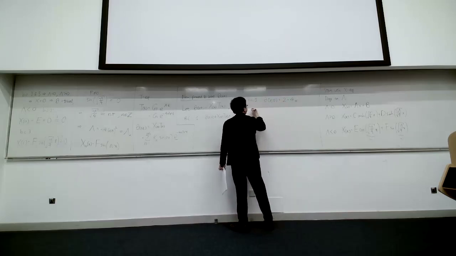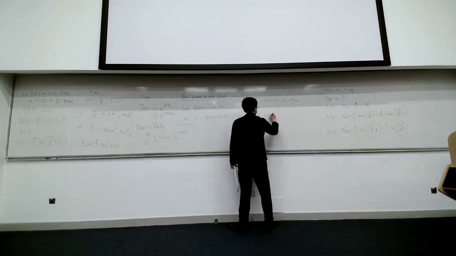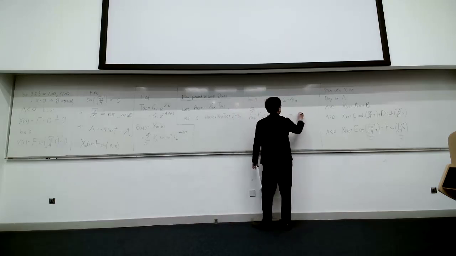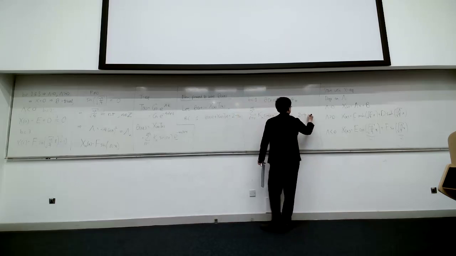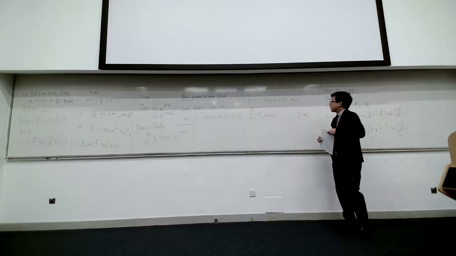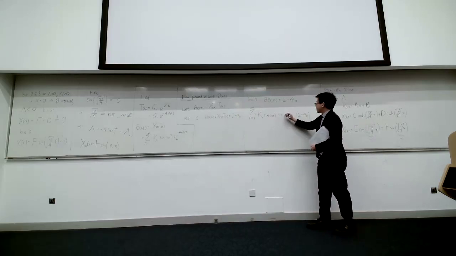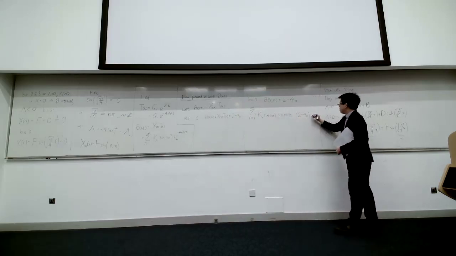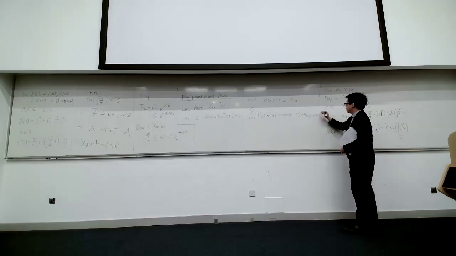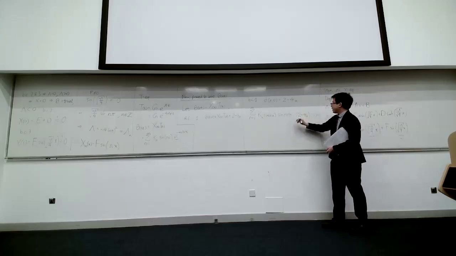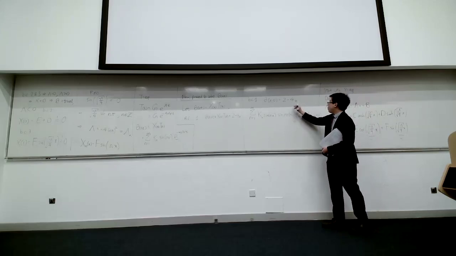I'll probably not be able to finish this, but I will write down the answer for you to check. So multiply by the orthogonal combination and integrate from 0 to 1.